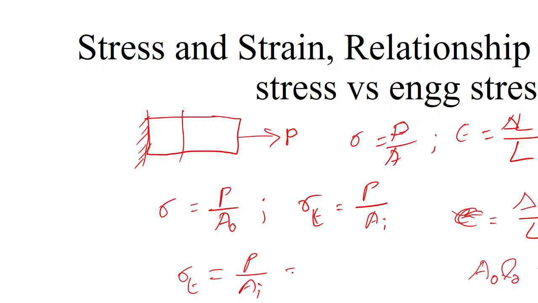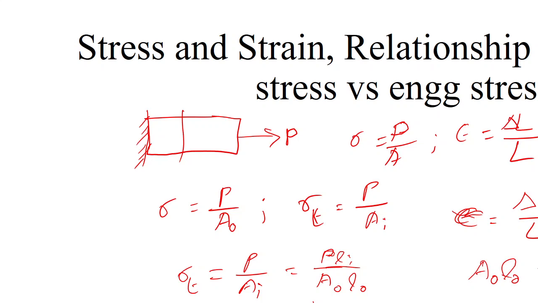So Ai can be replaced as A naught L naught divided by Li. So sigma t equals P into Li divided by A naught into L naught, and P by A naught is the engineering stress sigma naught, so sigma t equals sigma naught into Li divided by L naught.